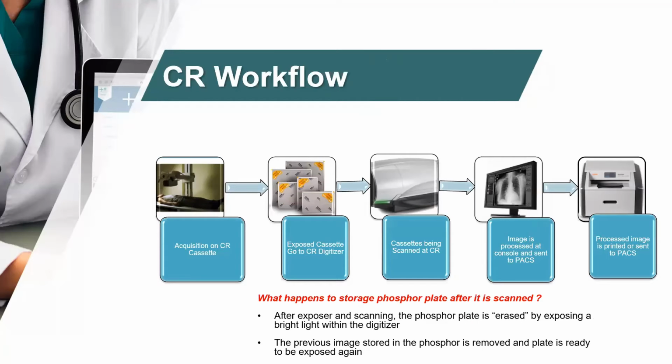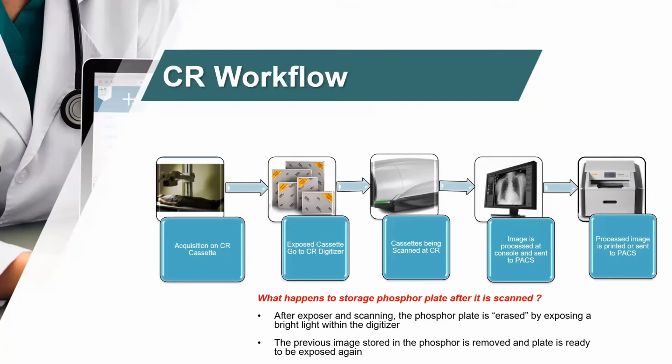CR workflow. As you see in these images, first we acquire the image in the CR cassette in the room where there is an X-ray system. You expose the patient, whatever part is required, and the image is captured on the cassette. The cassette is transferred to the digitizer, where it is placed.